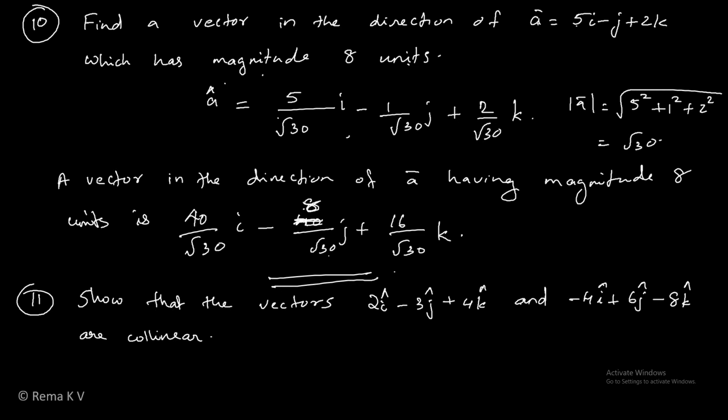Collinear vectors means parallel vectors. All scalar multiples are parallel vectors.